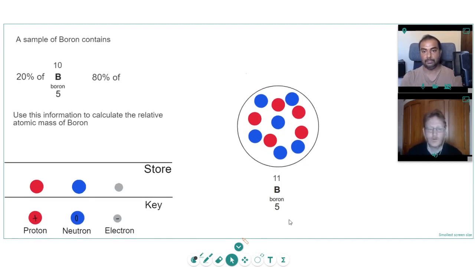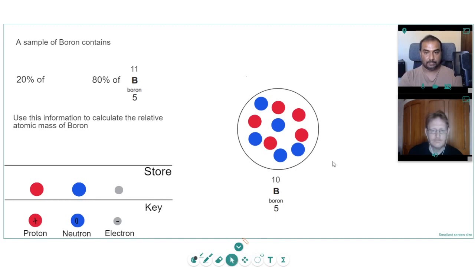Excellent. So we've now got boron-10 and boron-11 isotopes, so the nuclei of boron-10 and 11 isotopes. And as we said previously, we've got 20% of boron-10, 80% of boron-11, which is a 1 to 4 ratio. So I wondered if you could show us that 1 to 4 ratio to help us calculate this relative atomic mass. Yeah, sure. So let's get the boron-10 first. I'll make a copy of that.